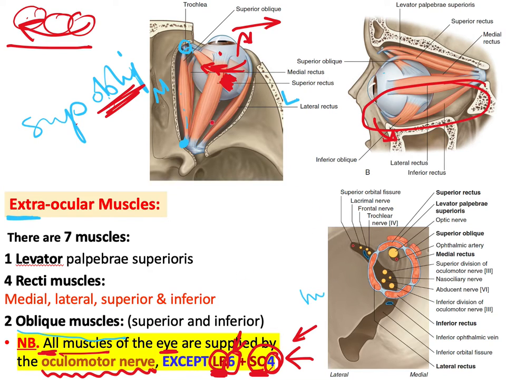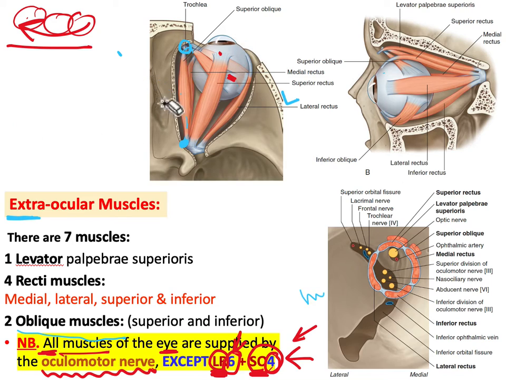So what about the inferior oblique? This is the inferior oblique muscle. Now we said, yes, we have superior oblique, and also we have inferior oblique that originates from the medial floor of the orbit, posterior, of course.